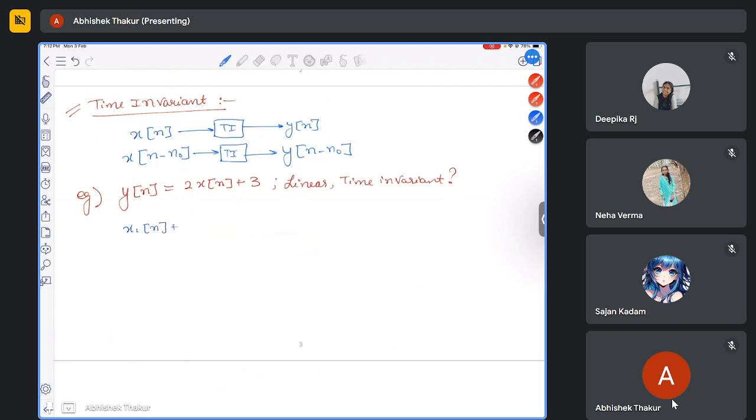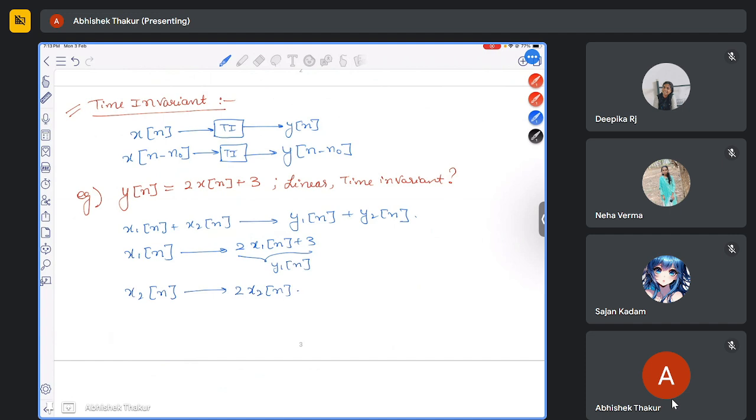x1[n] plus x2[n] should produce the output y1[n] plus y2[n]. So for x1[n], what will be the output here? 2 of x1[n] plus 3. This is our y1[n]. For x2[n], the output will be again 2 x2[n] plus 3. This is our y2[n].